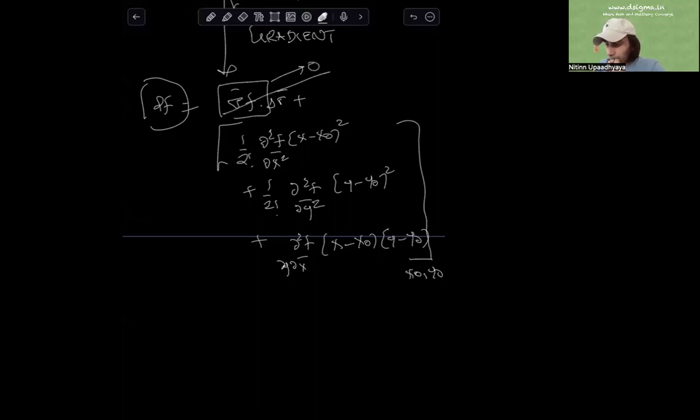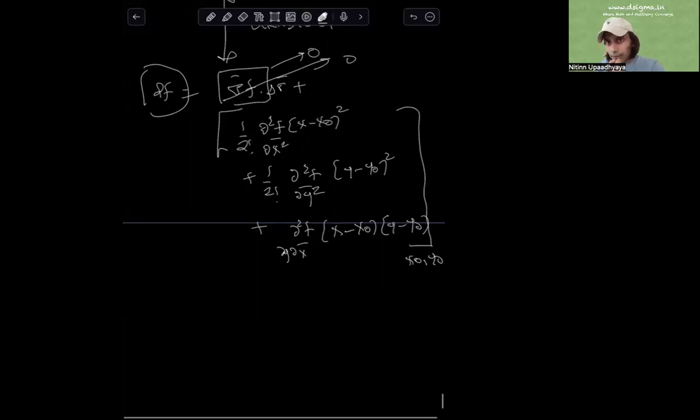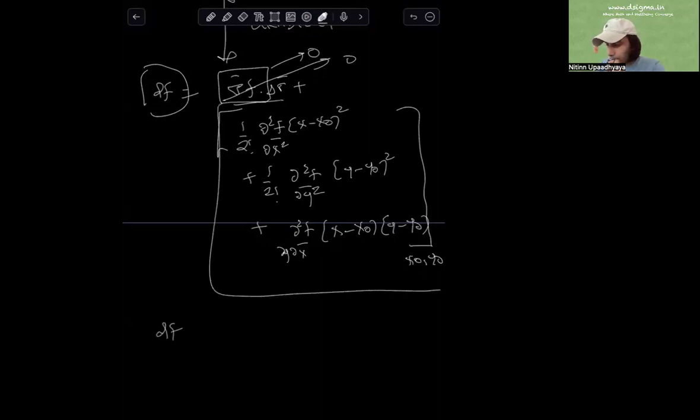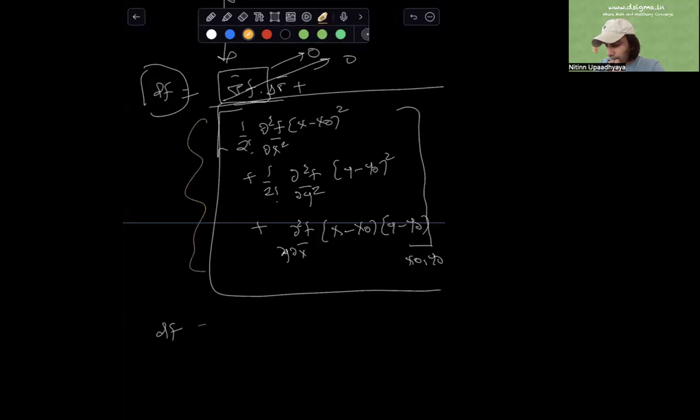So if x equals x naught, y equals y naught is a stationary point, then this gradient of f will be 0. So the linear order term in the Taylor series expansion of the function drops out. It is 0. So the change in the value of the function is then given by the term in this square bracket. This is what will give me df.